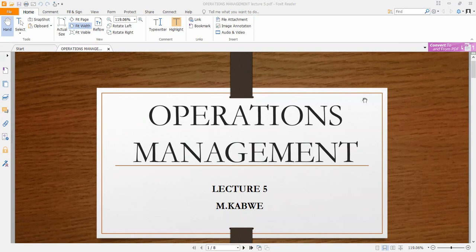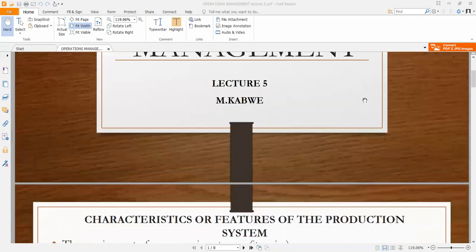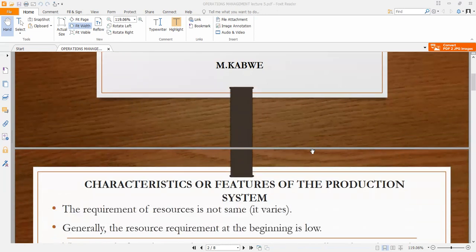How then do you manage the production flow? You're going to manage the activities if you have a better understanding of the production flow in each and every production system. So what are the characteristics or features of the production system?